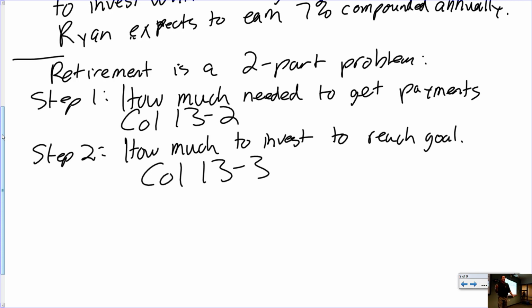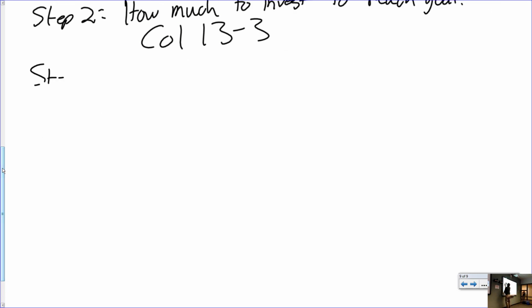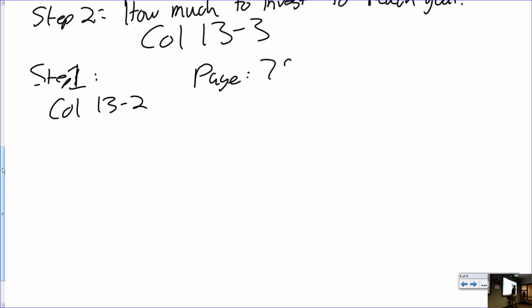All right, so all we have to do is figure out where on the tables to find these numbers, okay? So, step 1. Column 13-2. What page are we going to go to for this one, folks? 7%. 7%, because it's compounded annually.